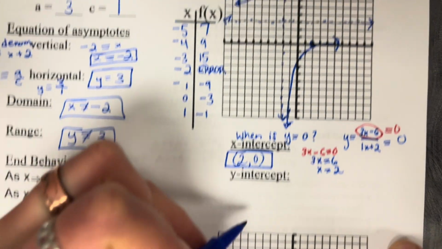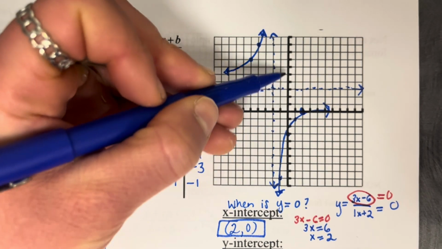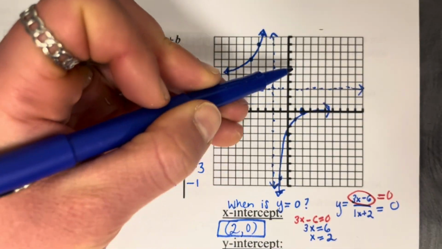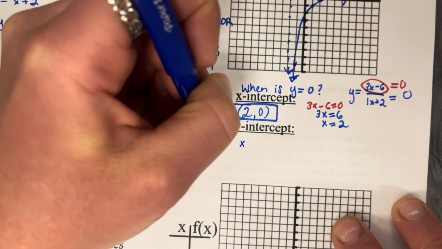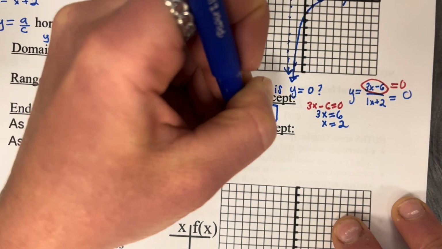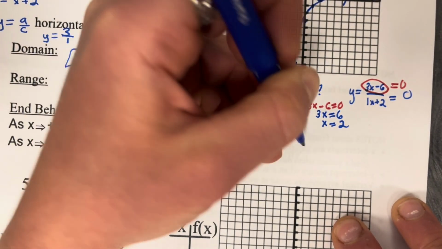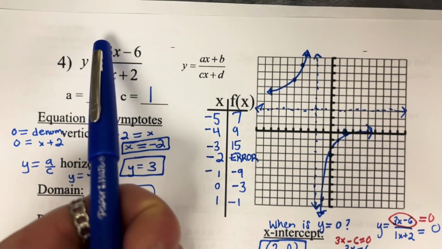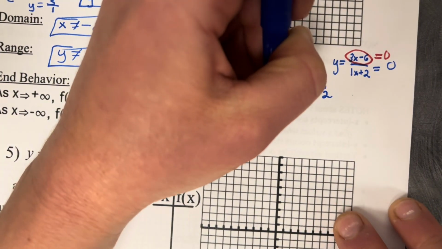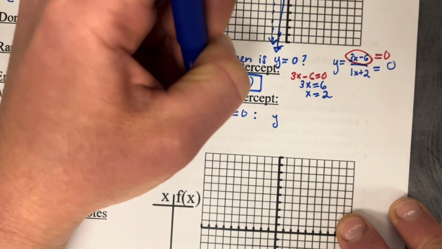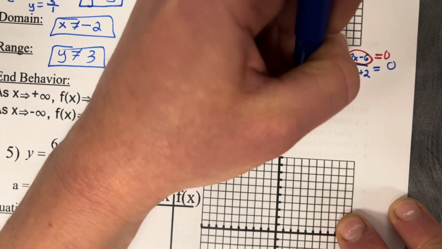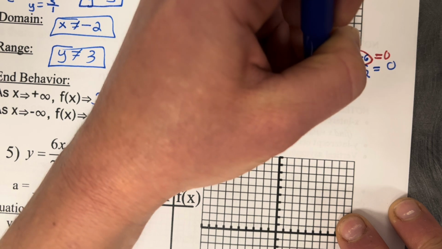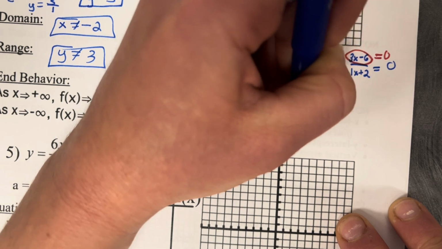Then our y-intercept, that's where it intercepts the y-axis, the vertical one. The x value here is going to be equal to 0. So when x equals 0, we're going to find out what y is. So plug in 0 to 3x minus 6 over x plus 2.